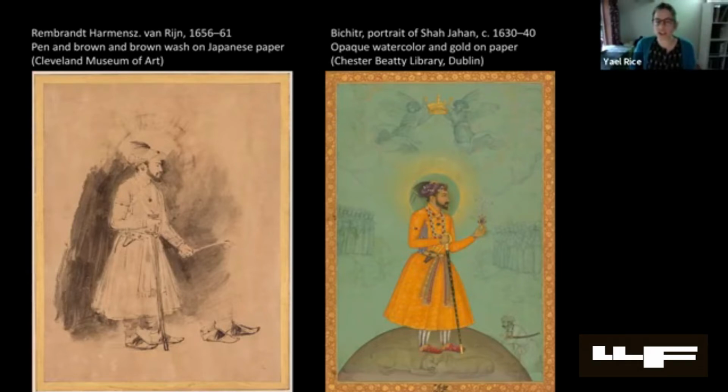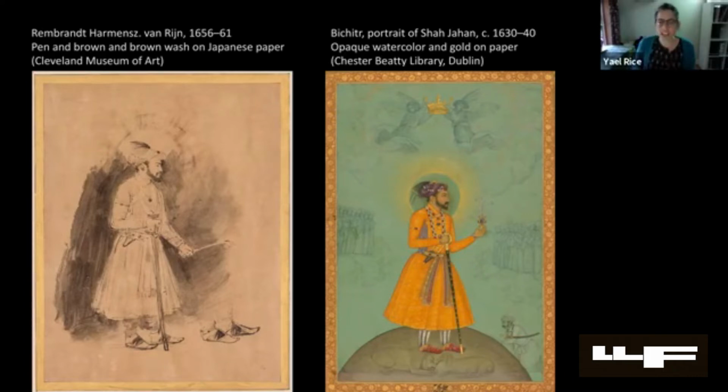His drawings, the 23 that are extant, are all done in pen, as I've given you here in the slide, pen and brown wash and brown ink. So they're monochromatic. He executed them on Asian paper, sometimes specifically Japanese paper, which in Amsterdam, where he was based, was quite expensive and was a luxury import object.